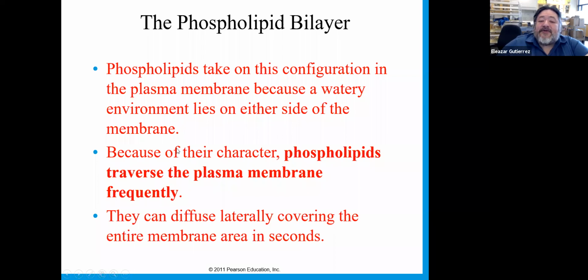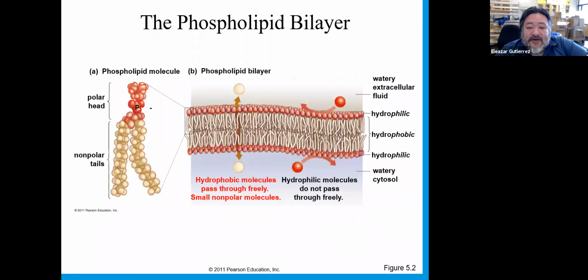Oh, this is very interesting. I love this because I didn't learn this until I was in graduate school, and then it blew my mind. One of the things that your author is trying to convey to you is how incredibly dynamic, mobile, fluid this plasma membrane is.